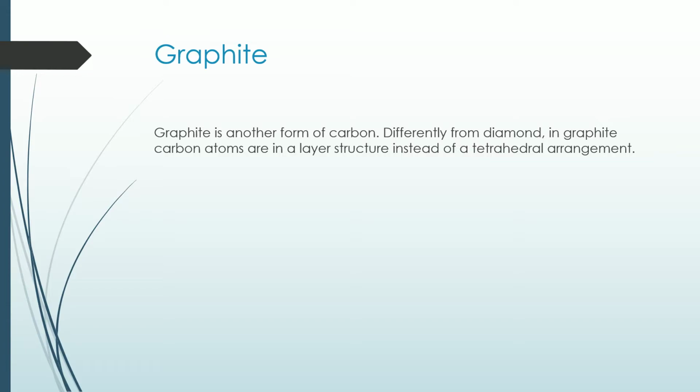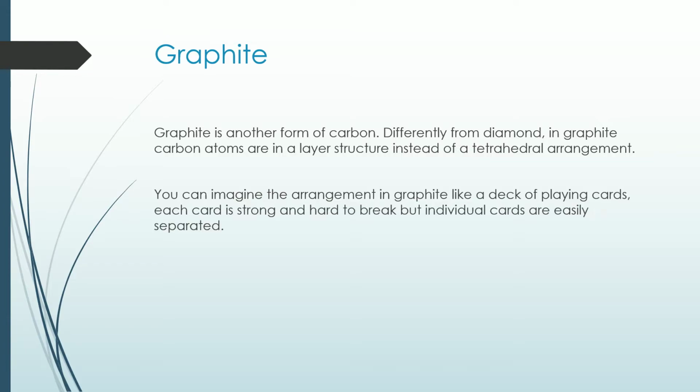You have layers formed with covalent bonds between carbon atoms, but between those layers you have weak forces of attraction. So you can separate each card, which means each layer, but you cannot separate the card into two. It needs more force. Each card is strong and hard to break, but individual cards are easily separated.